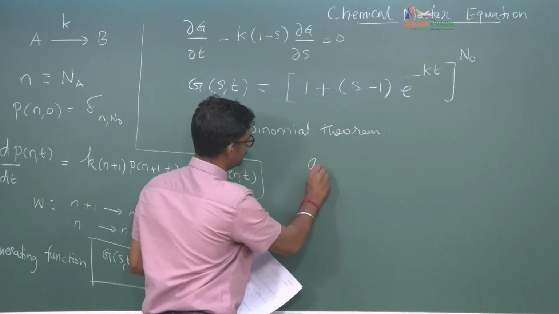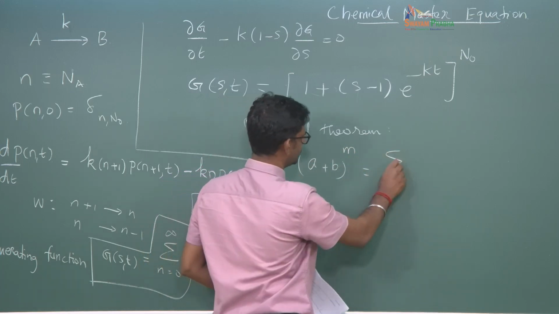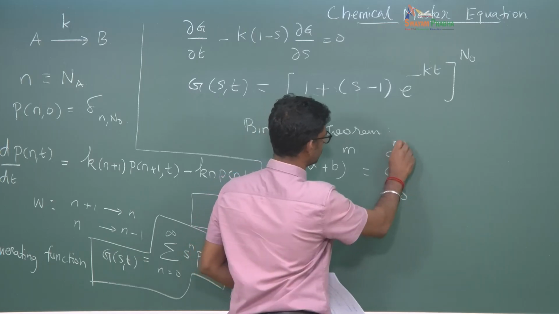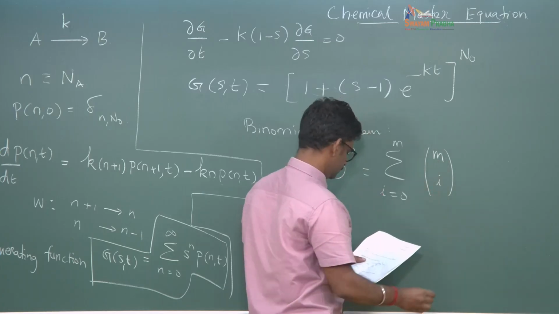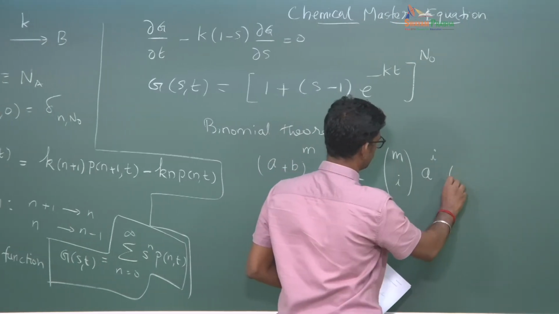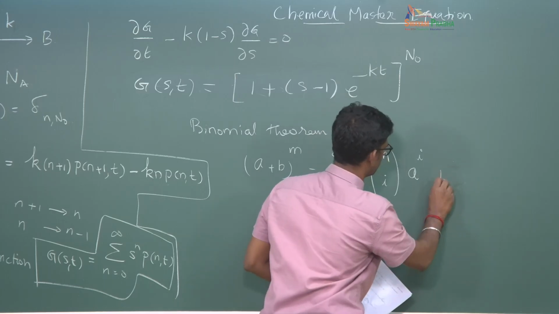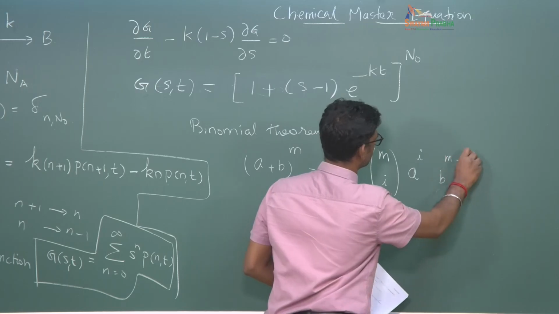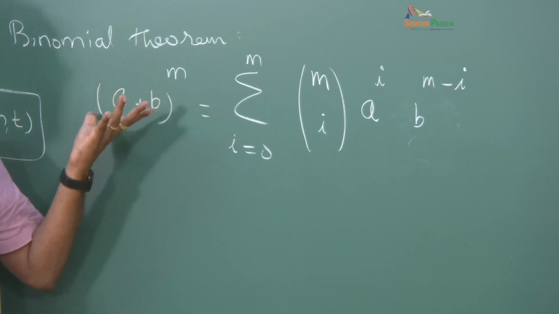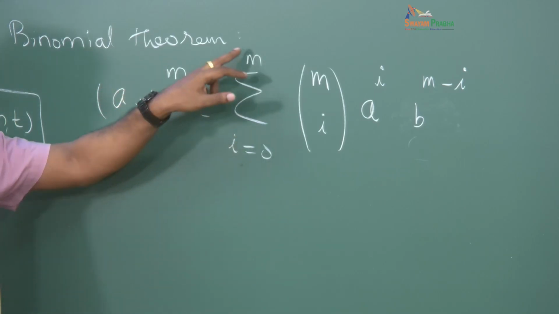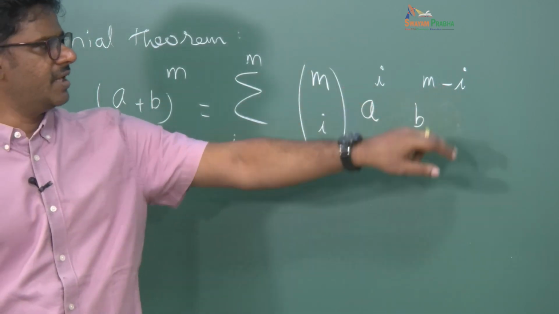if I have two terms a and b to the power m, this can be written as a plus b to the power m expanded as the sum over i equal to 0 to m of the combinatorial term m choose i, a to the power i and b to the power m minus i.